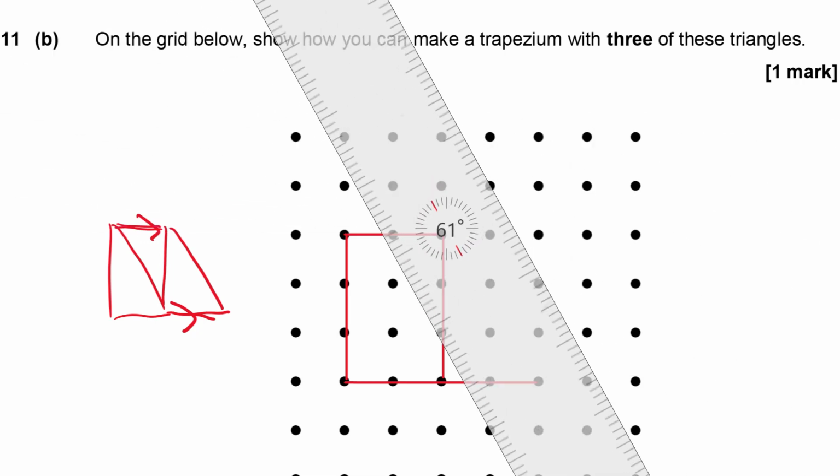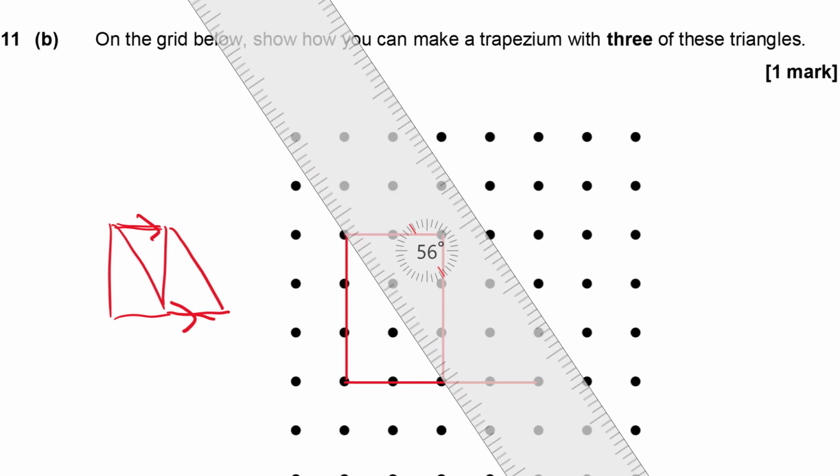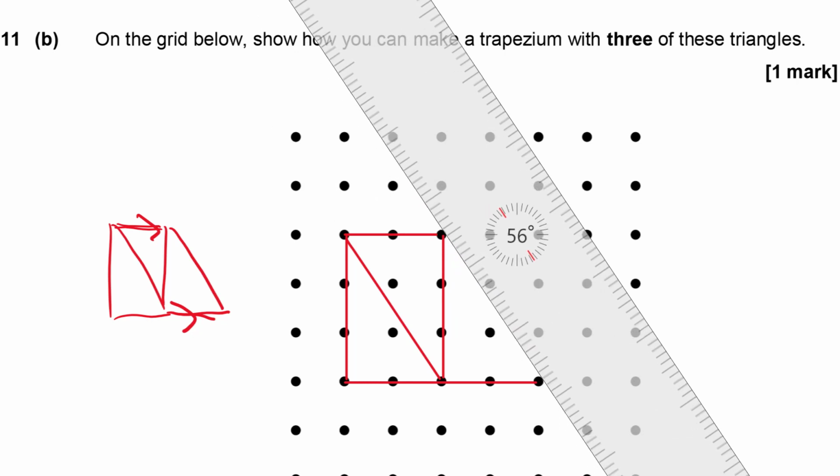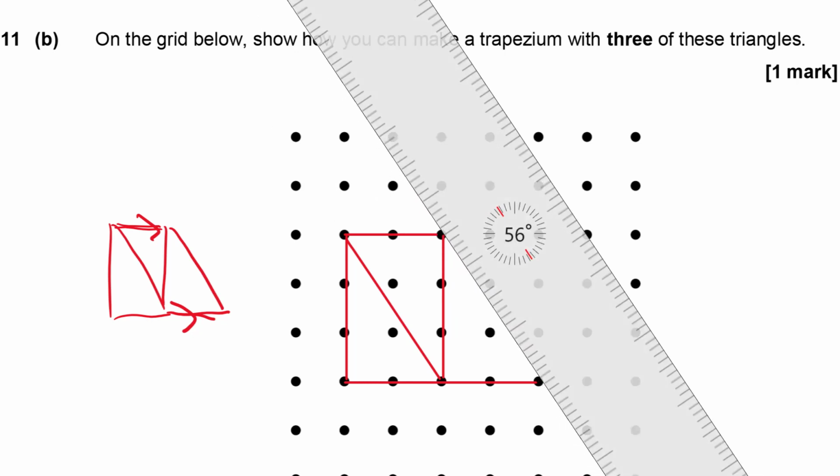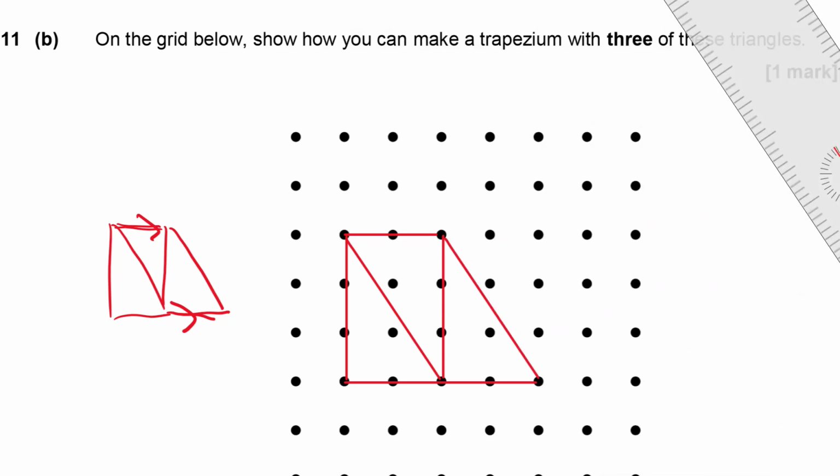And then divide that rectangle up into the 2 triangles that make it up. And then I can add that extra triangle on the end. Okay, and there's my trapezium. 2 parallel sides makes a trapezium.